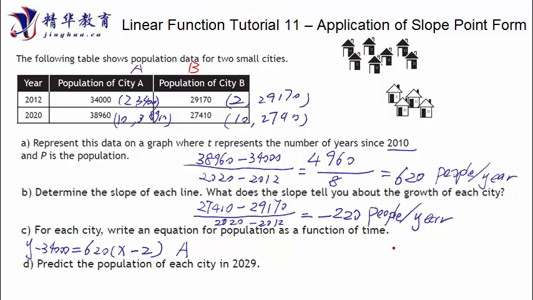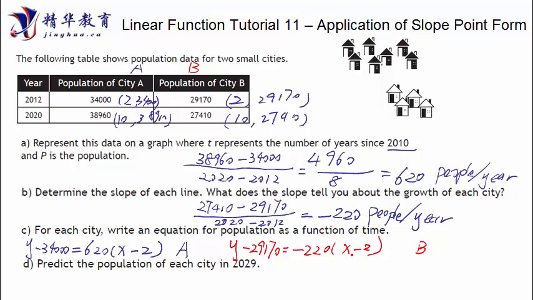For city B, we have a slope as well, negative 220 here. So x minus 2, going to equal y minus 29,170. Now that is the linear function for city B.